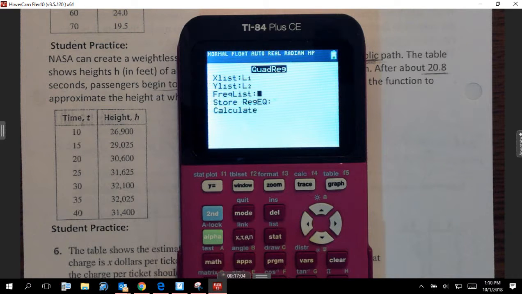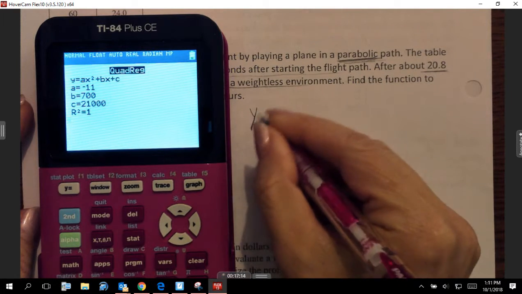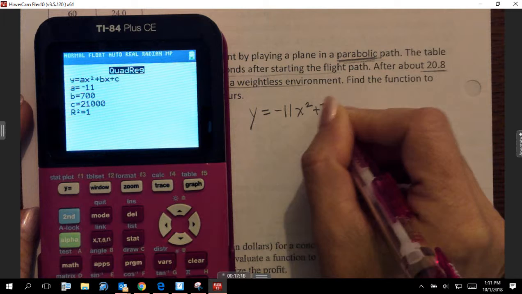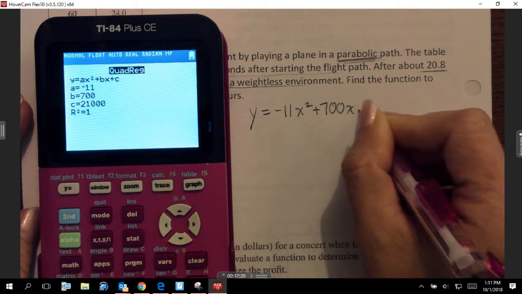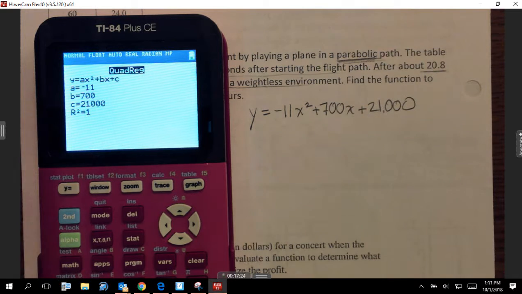And then you enter until you have an answer. And I have an exact answer. Y equals negative 11x squared plus 700x plus 21,000. So we have our equation.